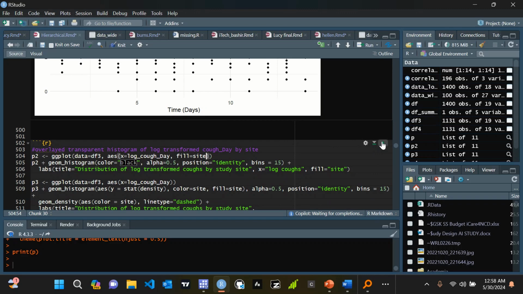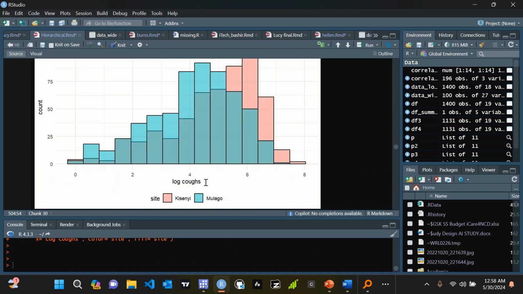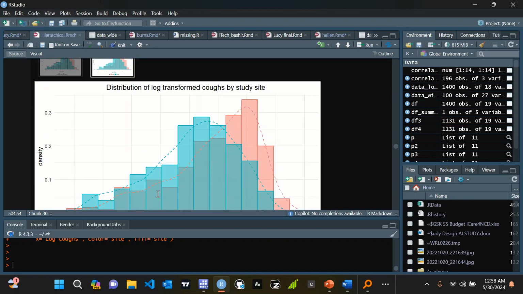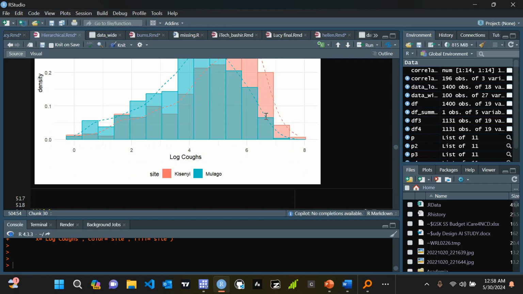So we can also do histograms based on the site, and I can also add the normal curve. You see Mulago is slightly normally distributed. It is Kisenyi which is a bit skewed.